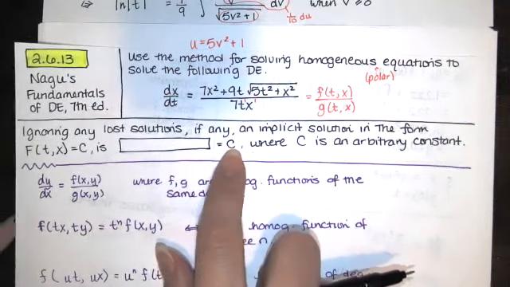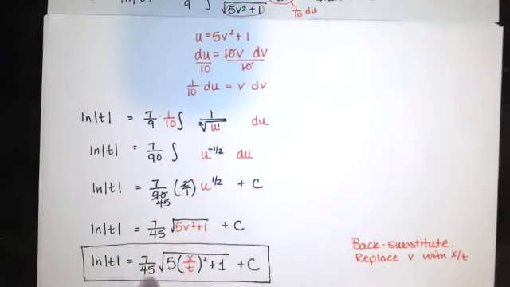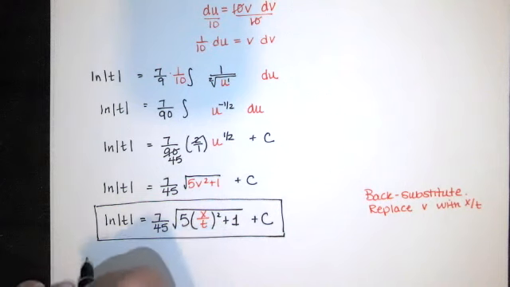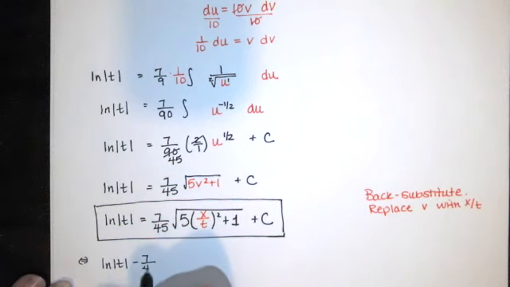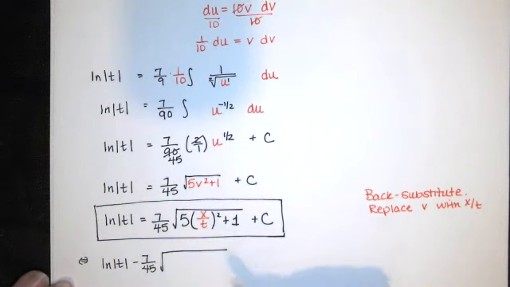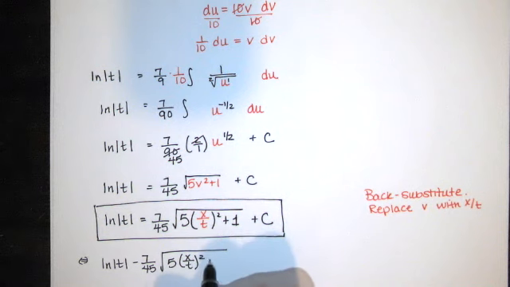So they basically want you to get the constant by itself. So we would subtract this function from both sides. That would be the version of the answer that MyLab Math is requesting from us.